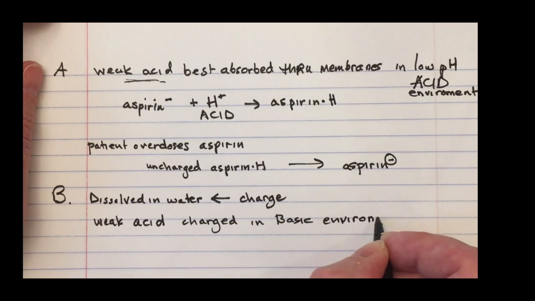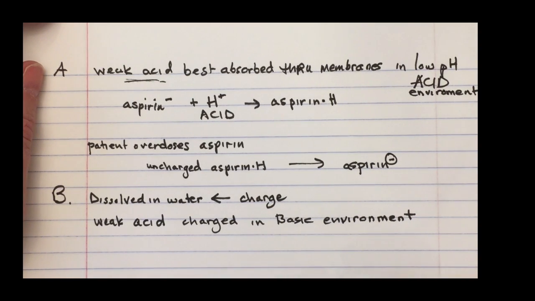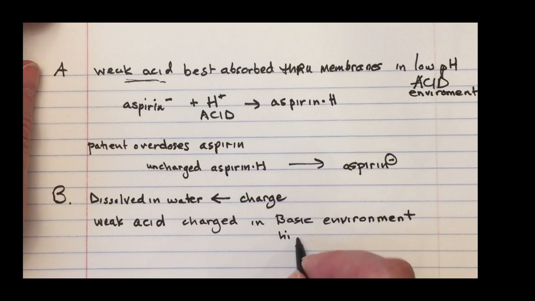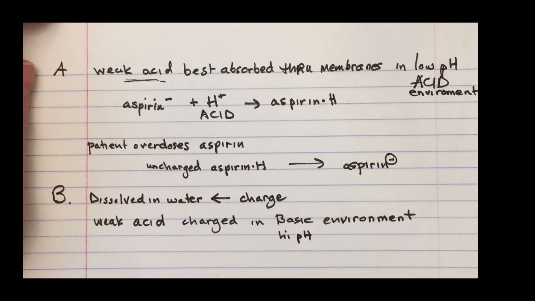So it's fat soluble in an acidic environment and water soluble in a basic environment. So basic environment, again, that's high pH. And high pH is all relative. It's not like you have a pH of 14 in your bloodstream. It might be the difference of your pH, the pH of your bloodstream being a little higher than water compared to the low pH in your stomach, which is like 2.